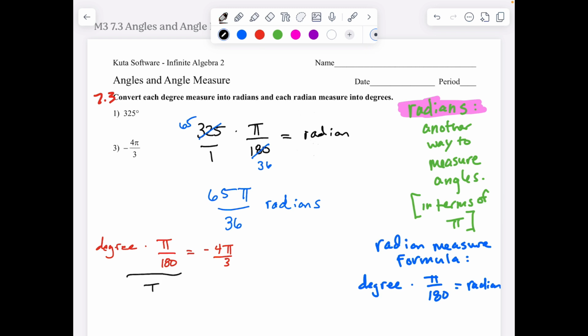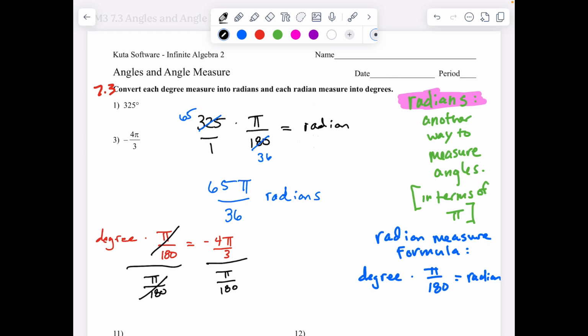So if I divide both sides by pi over 180, that helps me isolate my degrees. But keep in mind, dividing by pi over 180 is the same thing as multiplying by the reciprocal. So the degree measure is the same thing as doing my radians times the reciprocal, 180 over pi. And that's how I can convert from radians to degrees.